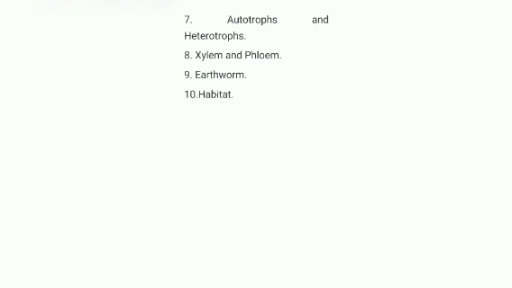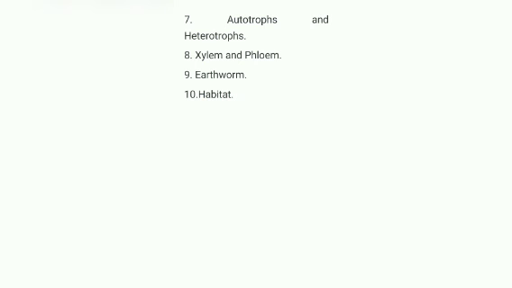Now let's move on to the last part, habitat. All living beings inhabit areas best suited for their basic requirements. We living beings stay in a place where we get our basic needs.